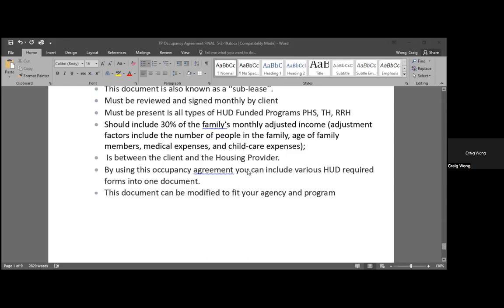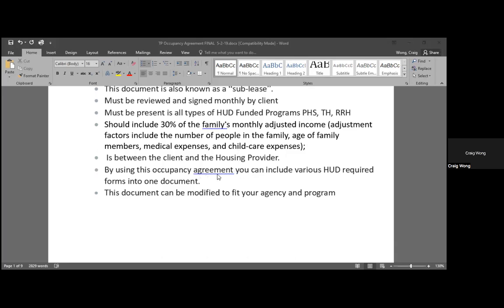This agreement is between the client and the housing provider. It's not like a lease where it's the landlord and the tenant or the landlord and the subrecipient. The occupancy agreement is between the housing provider and the occupant.